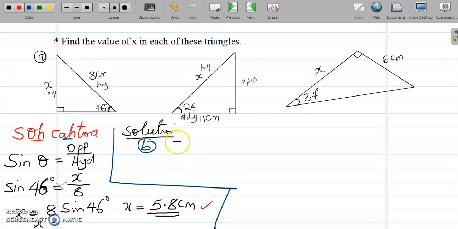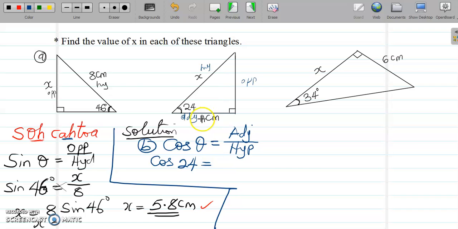That means I'm having cos theta gives me adjacent over hypotenuse. And my theta is 24. So cos 24 is adjacent, which is 11, over hypotenuse, which is x.